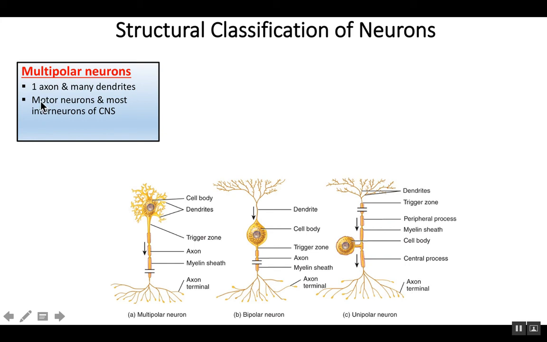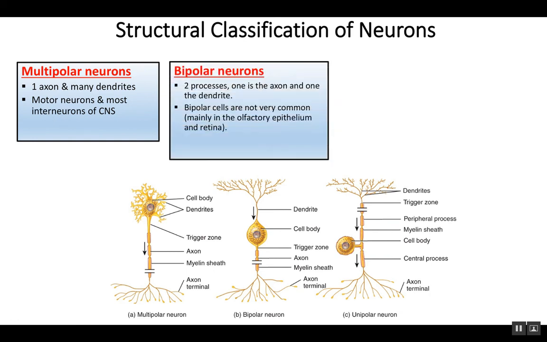Those are typically the motor neurons and interneurons, which is a type of neuron in between two neurons found in the CNS. If it's got two processes, usually one's an axon and the other one's a dendrite, it's called a bipolar neuron. Bi meaning two, so two processes extending from the cell body.